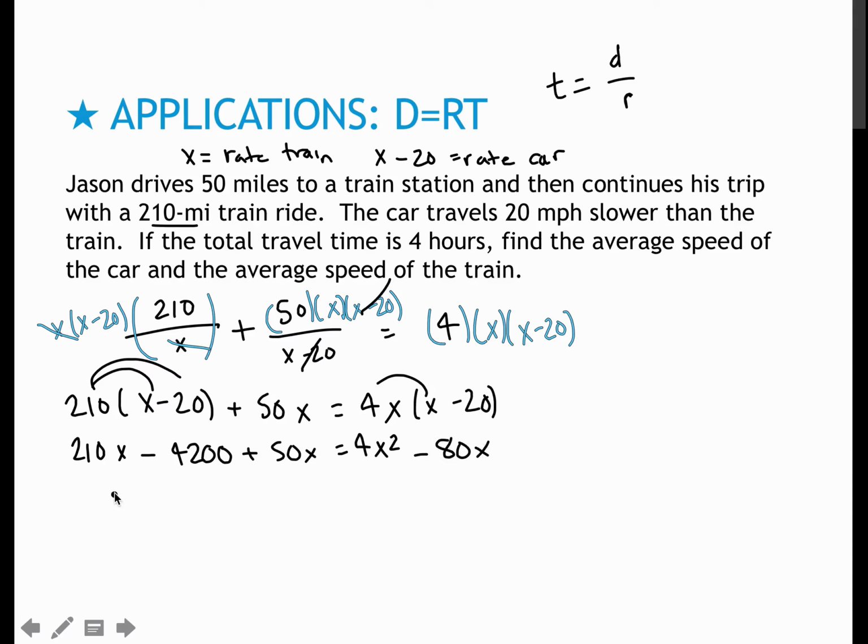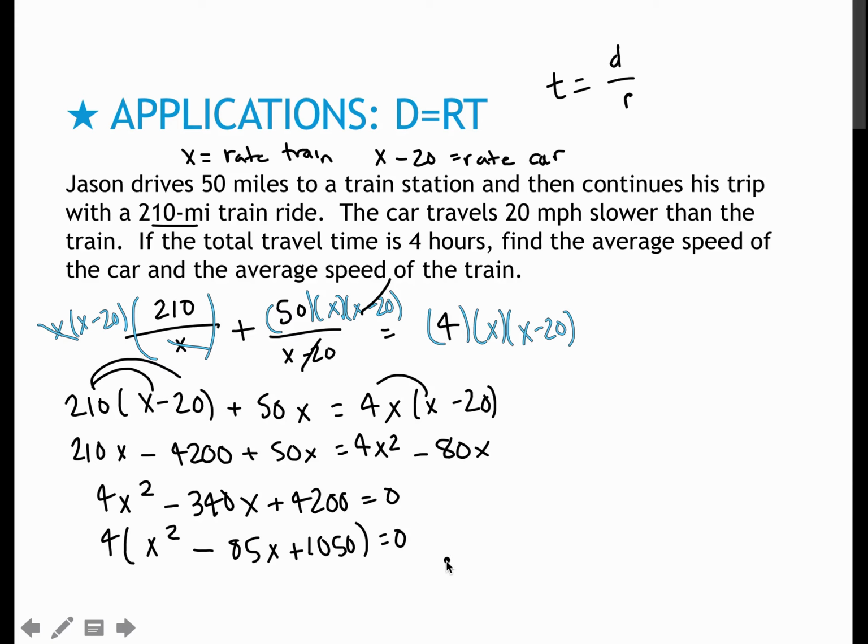Moving everything to one side of the equation, I would have 4x squared. That would be 260, and that would give me 340x. And then of course that 4,200 all equal to 0. And I'm going to go ahead and simplify it just a little bit further by dividing everything by 4, which gives me 85x and 1,050.